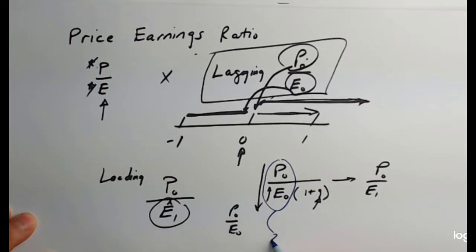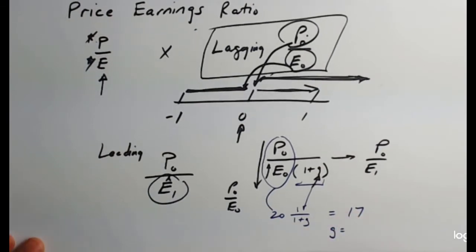And then it's 1 plus G. I'll just carry this part over, and that's going to equal a leading PE, which is 17. If we solve for this, then we have an implied growth rate in earnings per share of 17.6%. So PE ratios are not only useful, they're fundamentally useful in the sense that we can derive them from fundamental values.